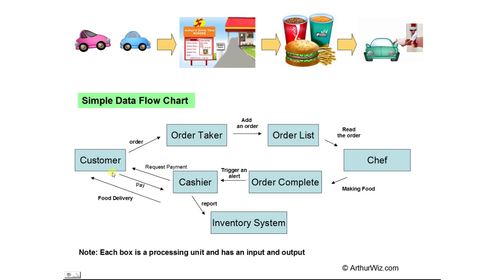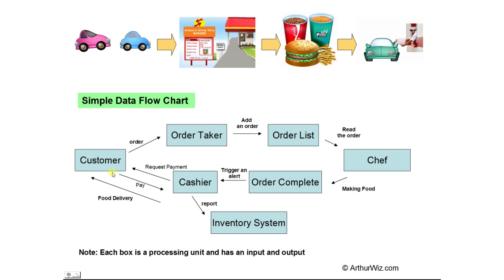And by the way, the data itself is an object as well. So each box showing here is a processing unit that has an input and output. It could be a function we learned in the previous slides.